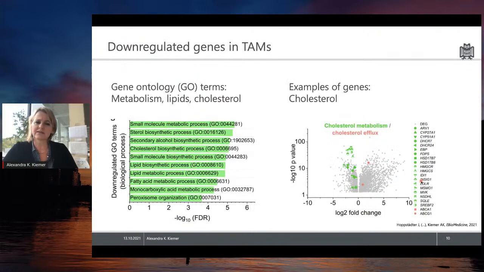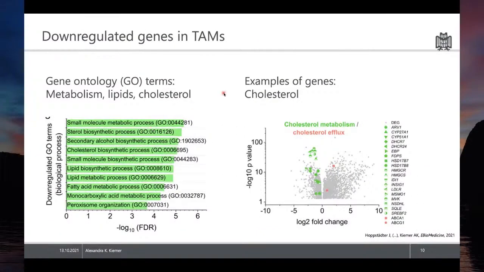But then when we looked at the downregulated genes, we were rather surprised to see that the vast majority of these genes downregulated in the tumor-associated macrophages were associated with metabolism, lipids, cholesterol, so really the vast majority of them. And so we again looked at some specific examples which were not yet described in the literature to be changed in tumor-associated macrophages.